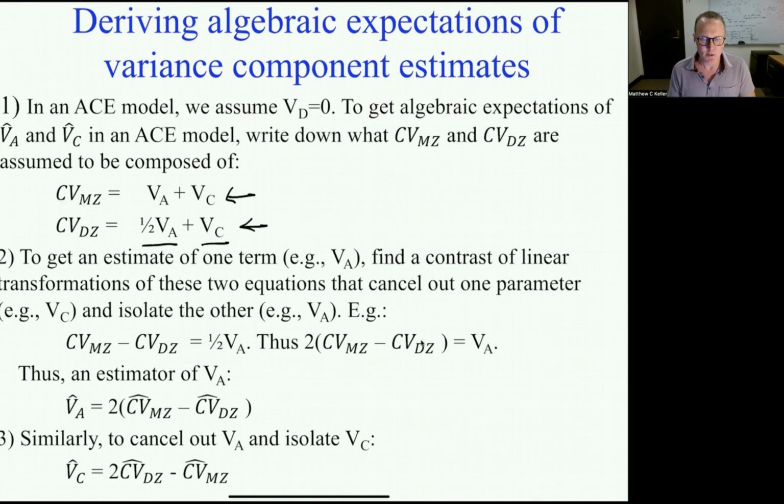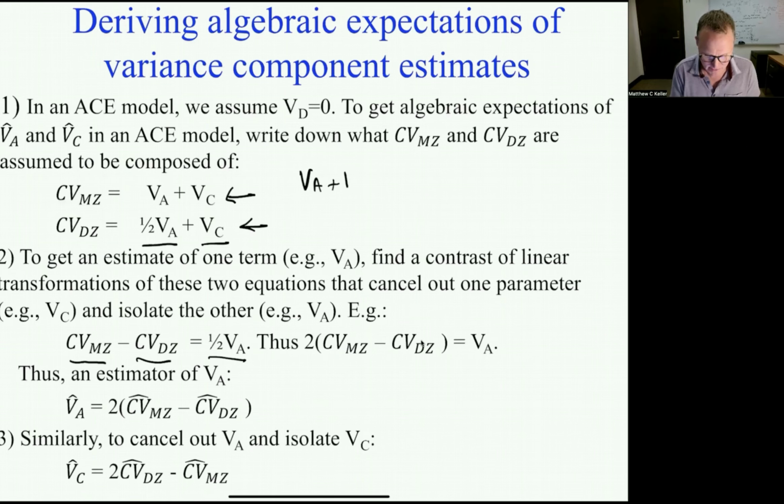So to get an estimate of one term, for example, VA, what we need to do is find a contrast of linear transformations of those two equations above that cancel out one parameter, here, for example, VC, and isolate the other, for example, VA. So if we want to get an estimate of VA, let's just take covariance of MZ minus the covariance of DZ, all right? Well, that will give us half VA, right?